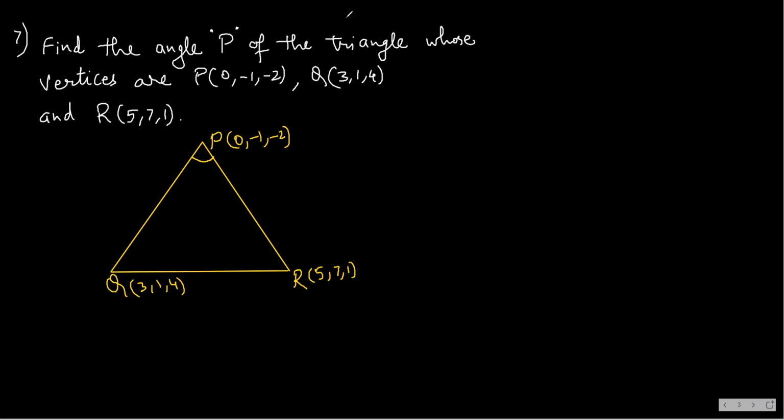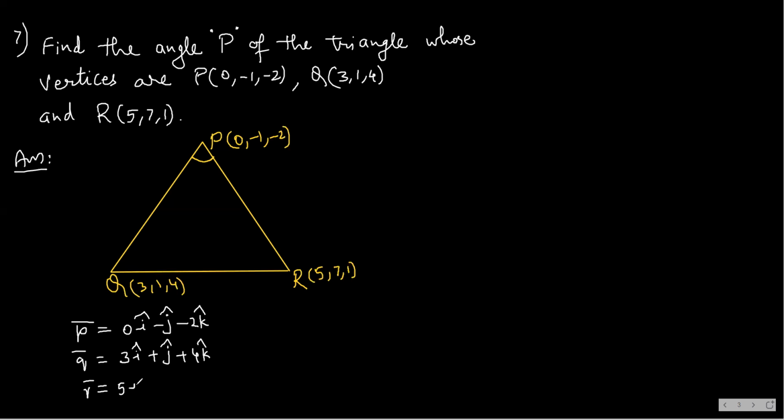So my solution starts from here. P bar is 0 i cap minus 1 j cap minus 2 k cap. Q bar is 3 i cap plus 1 j cap plus 4 k cap, and R bar is 5 i cap plus 7 j cap plus 1 k cap.